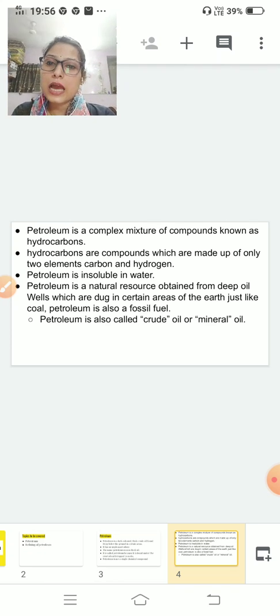And petroleum is insoluble in water. Last one: petroleum is a natural resource obtained from deep oil wells which are dug in certain areas of the earth, just like coke and coal. And petroleum is also known as crude oil or mineral oil. Clear?